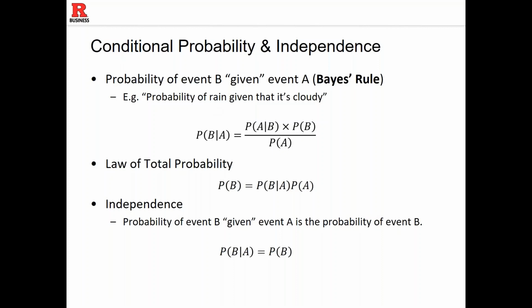There's a long proof to get to that, which I won't show. But there's also the law of total probability, which goes into effect here. The probability of B alone is the probability of B given A times the probability of A, or the sum over all those events that overlap with B as well. We could talk about that, but that's a simple explanation.